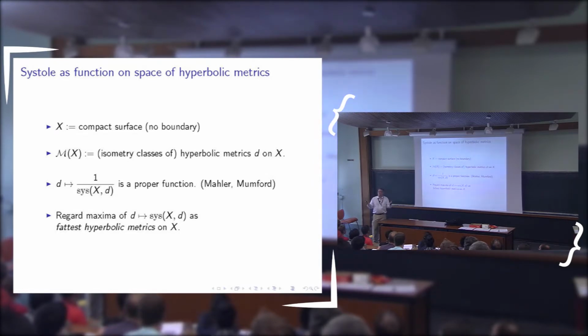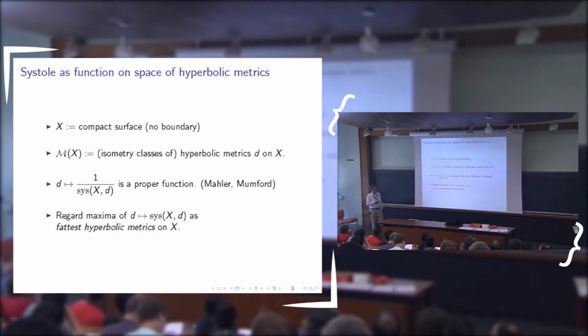But if I look at translation surfaces, I could always rescale them. So if you like, systolic ratio is basically systole where you've normalized the measure of your space to be 1. I'll talk about that. But in hyperbolic surfaces, it's simpler just to talk about systoles.